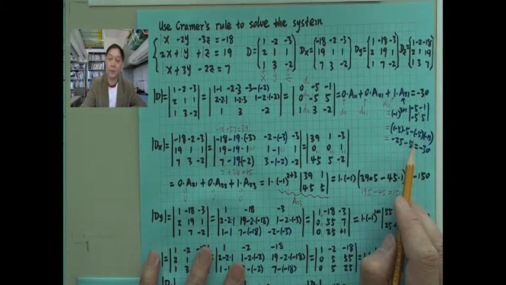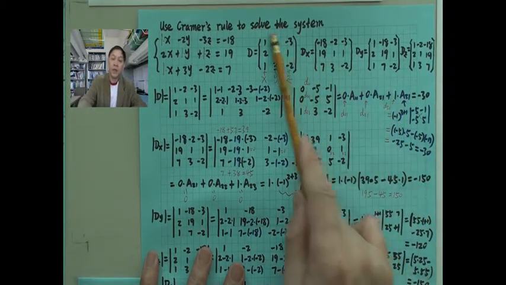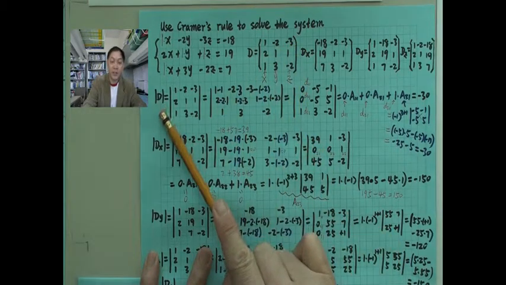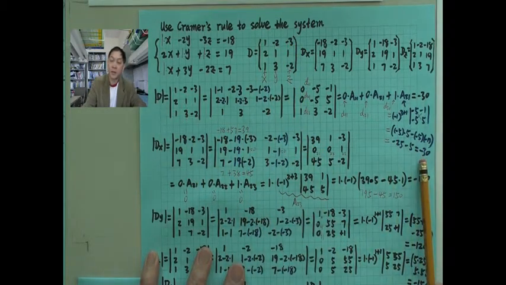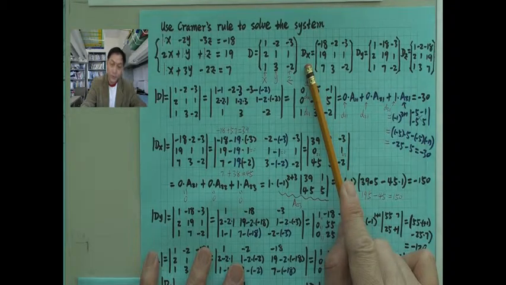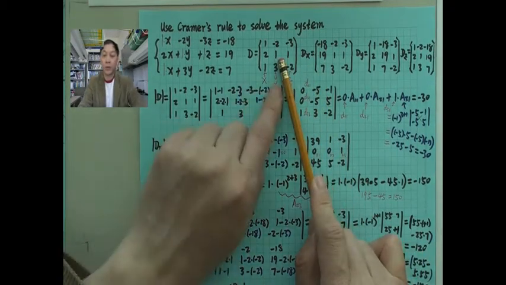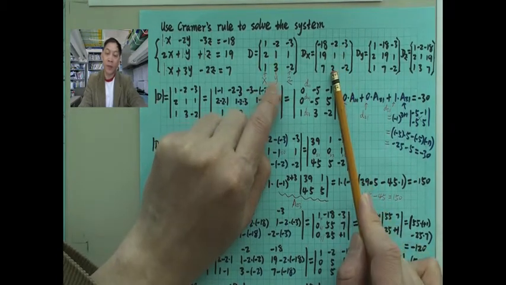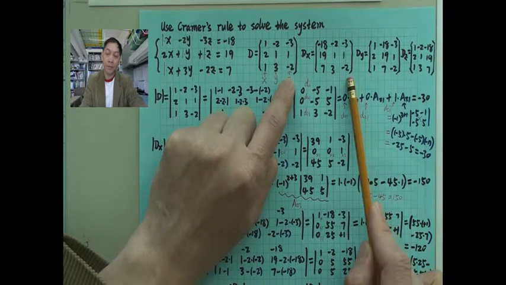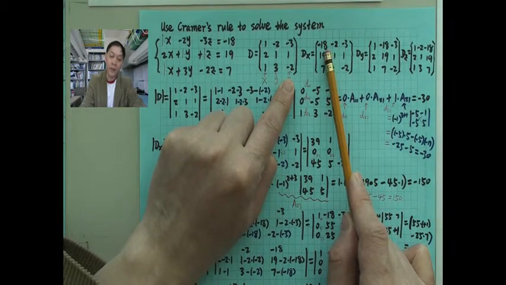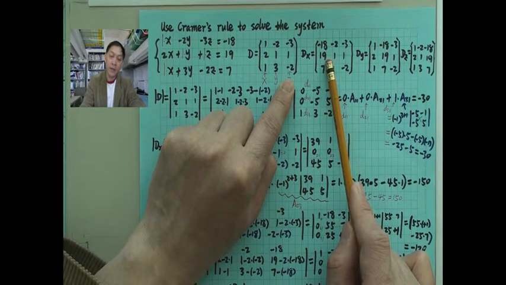Okay? Now, D is the coefficient matrix. And then we figured out the determinant, which is negative 30. Okay? How to find out dx? You see, column 2 are the same: negative 2, 1, 3. Column 3 are the same. The only difference is here is negative 18, negative 19, 7.